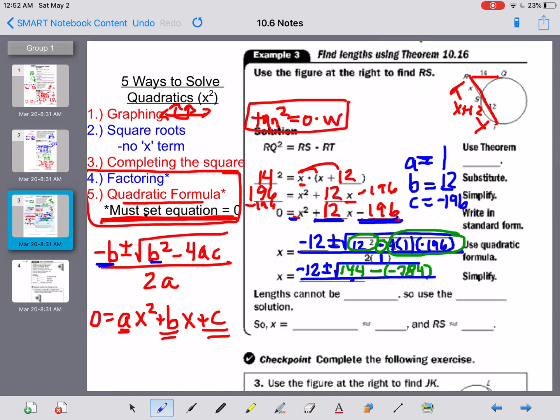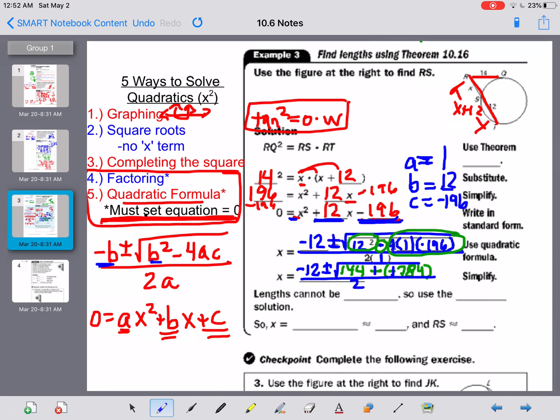Okay, now I'm not done inside that radical, but I'm ready to combine things. So since I have 144 minus a negative 784, a minus a negative becomes a plus, and I'm going to do 144 plus 784, and I got 928.